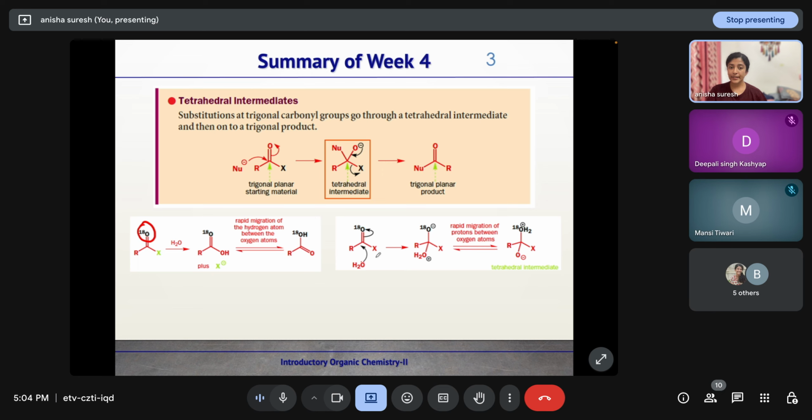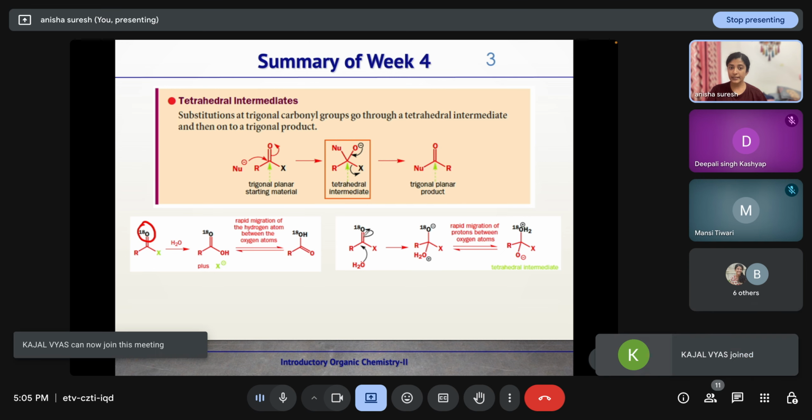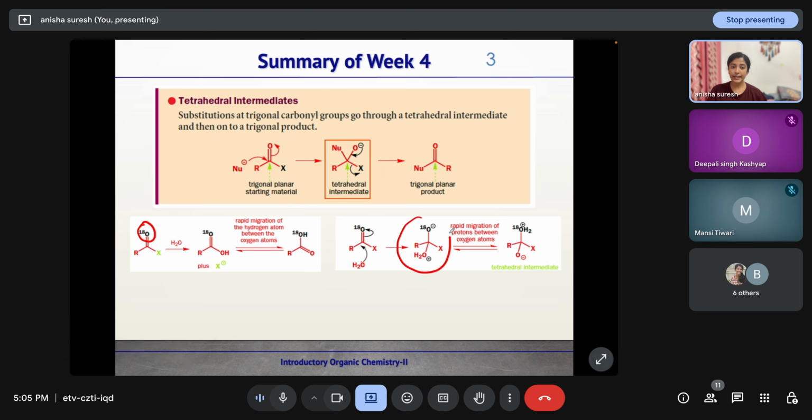How is it happening? We have this carboxylic acid derivative, and water attacks the electrophilic carbon; the carbon-oxygen pi bond breaks, leading to O minus, and this is the resulting tetrahedral intermediate.